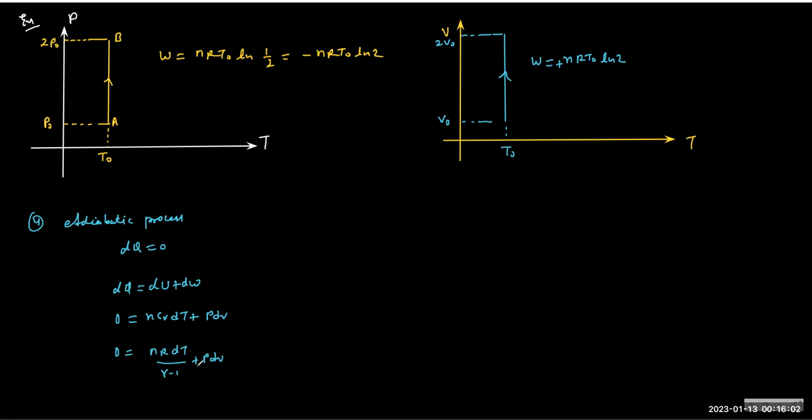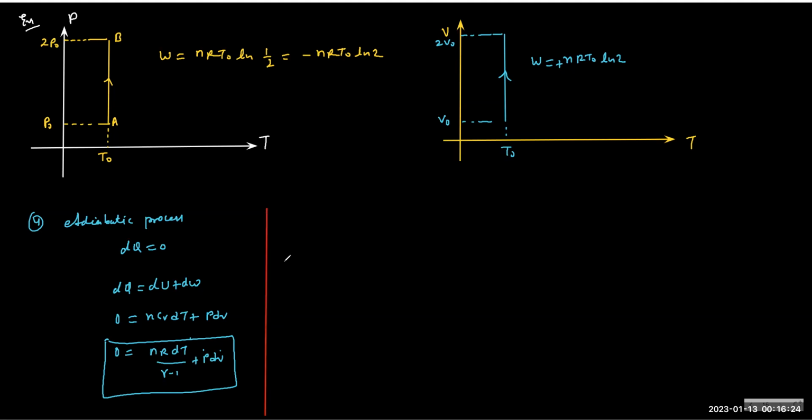This is PdV, right? Okay, so again I have P, V, and T. So I can see all 3 variables in the same equation. Any differential equation we can only solve if it is in 2 variables, right? Because if you do variable separable, then it should be only of 2 types. The problem here is I have 3 variables.